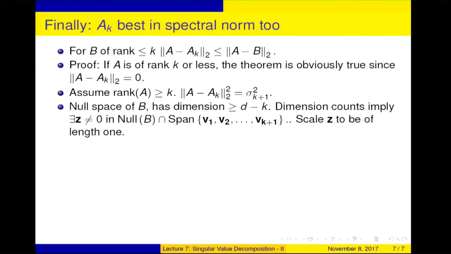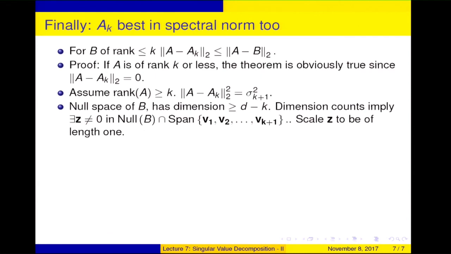Now I take the null space of B. It has dimension at least d minus k. That's because the rank of B is at most k. So the null space has dimension at least d minus k. Let's say d is smaller than n.